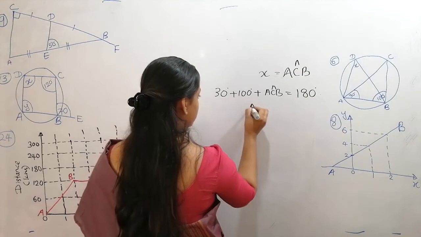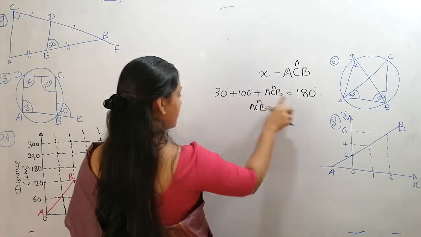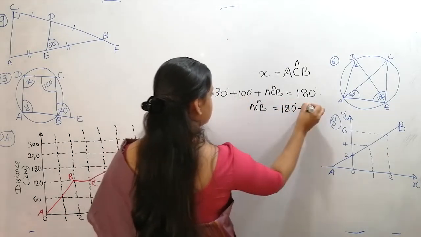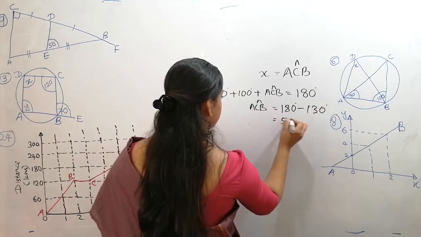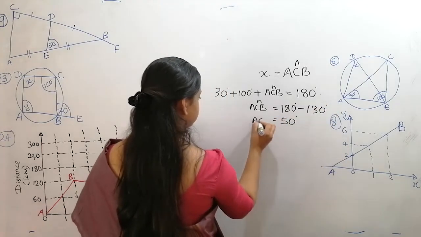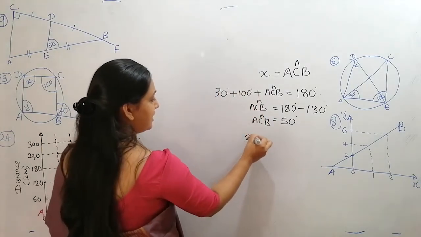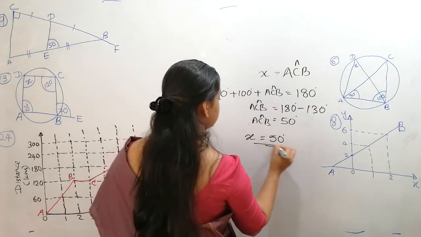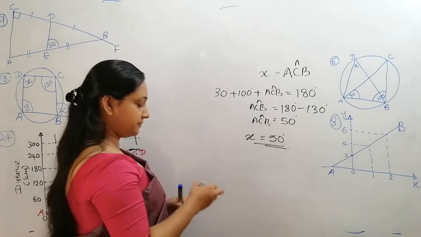Then ACB is equal to 180 minus 130, which is 50 degrees. Therefore, x is equal to 50 degrees. This is the answer for question number 6.